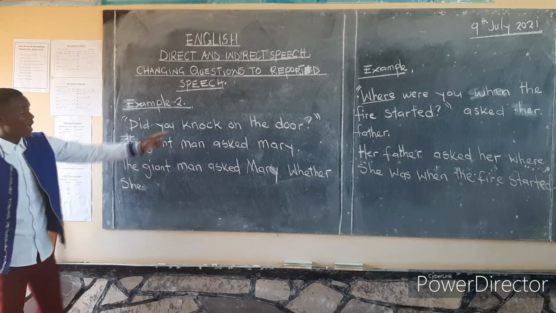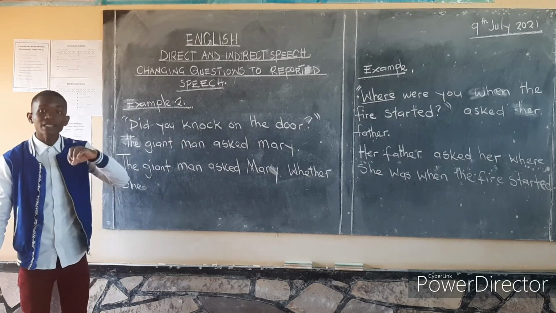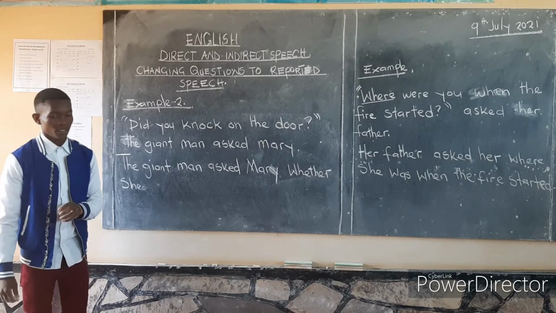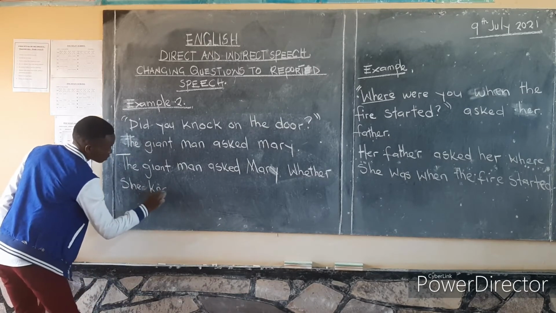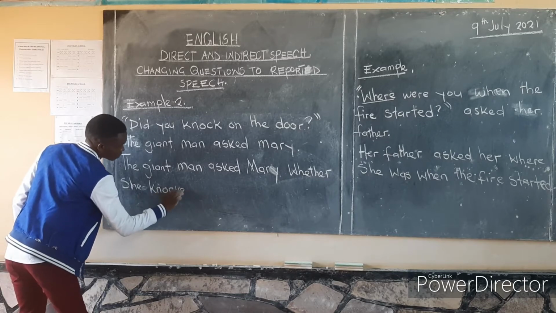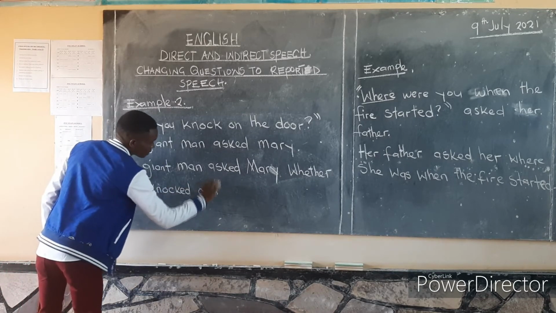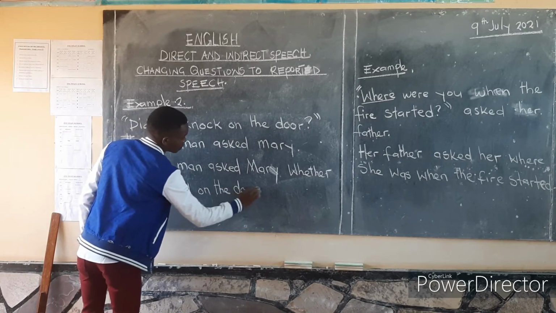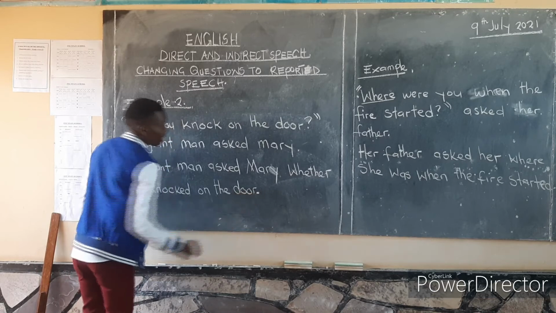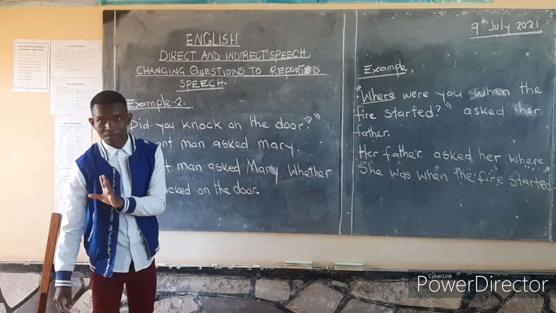Whether she, this is in present tense, it will change. Remember, tenses also change. Whether she knocked on the door. And then I'll put a full stop instead of a question mark. Why?